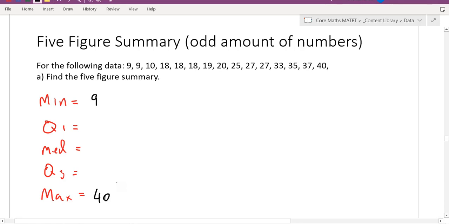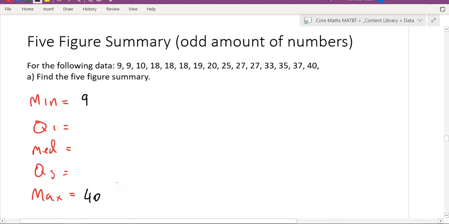The next step is to find the median, so find the middle number. You can do it by eye, but I like to use the formula n plus 1 divided by 2 to help me find the middle number. Here you've got 1, 2, 3, 4, 5, 6, 7, 8, 9, 10, 11, 12, 13, 14, 15.